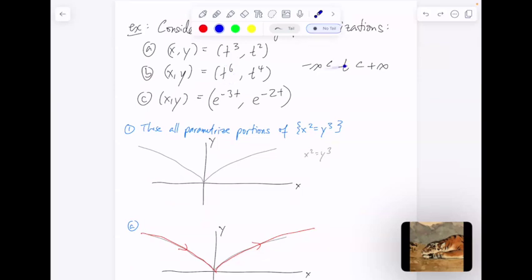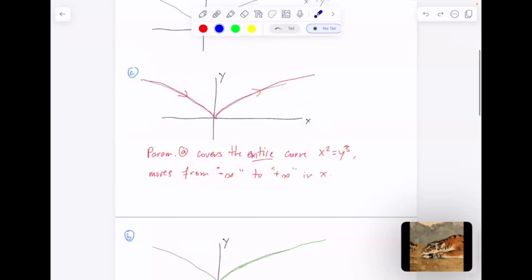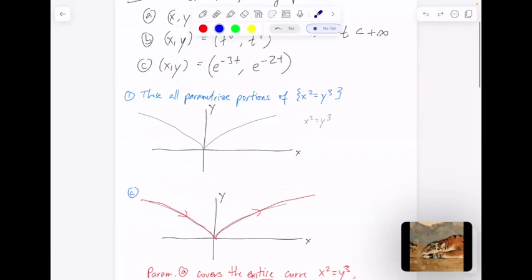As t goes to 0, this goes to 0, right? t to the 6 shrinks and shrinks and it hits 0. At time equals 0, you're at 0, 0. So it must hit 0, 0 here. And then as soon as time goes positive again, you must shoot back out along the curve here because everything's positive again.